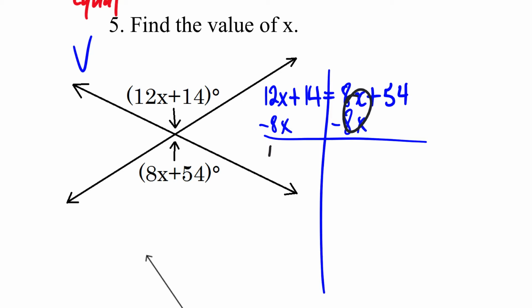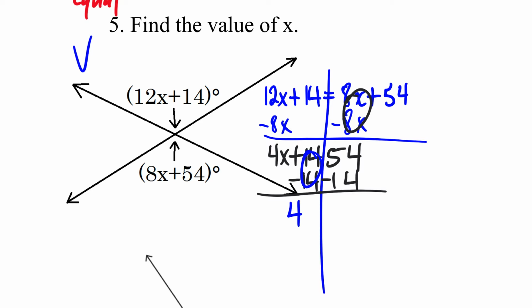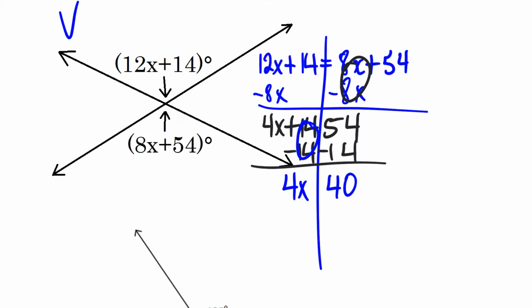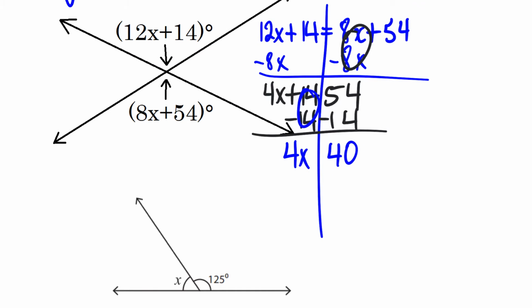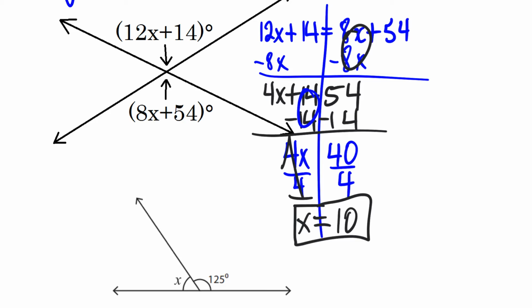This zeroes out. This leaves 4x plus 14 equal to 54. Minus 14 on both sides. This zeroes out. 4x equals 40. Divide both sides by 4, which is x equals 10. And x equals 10, yes.